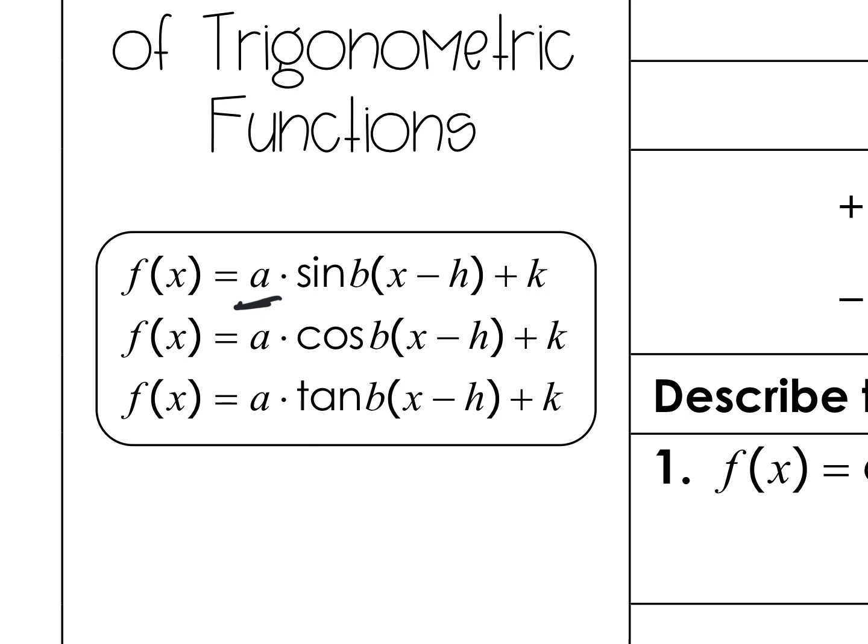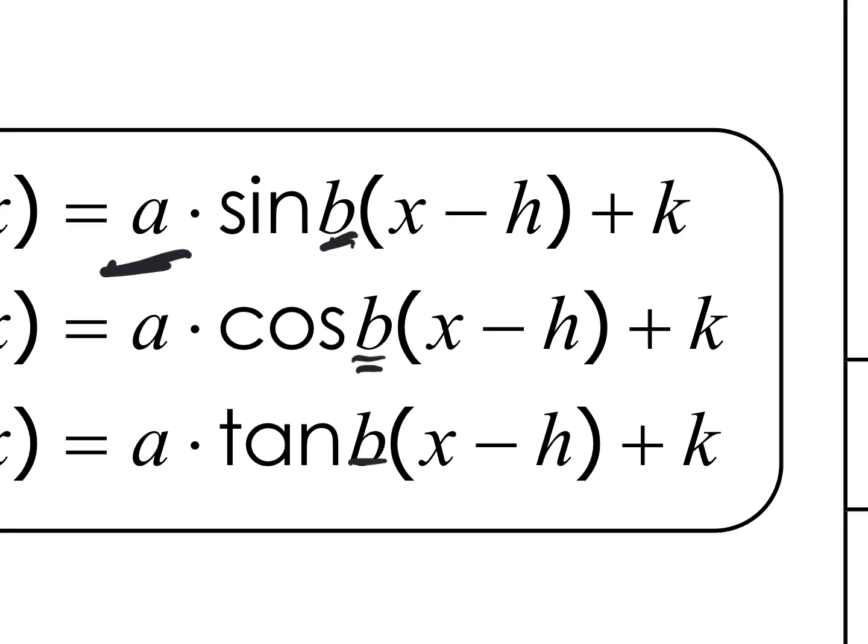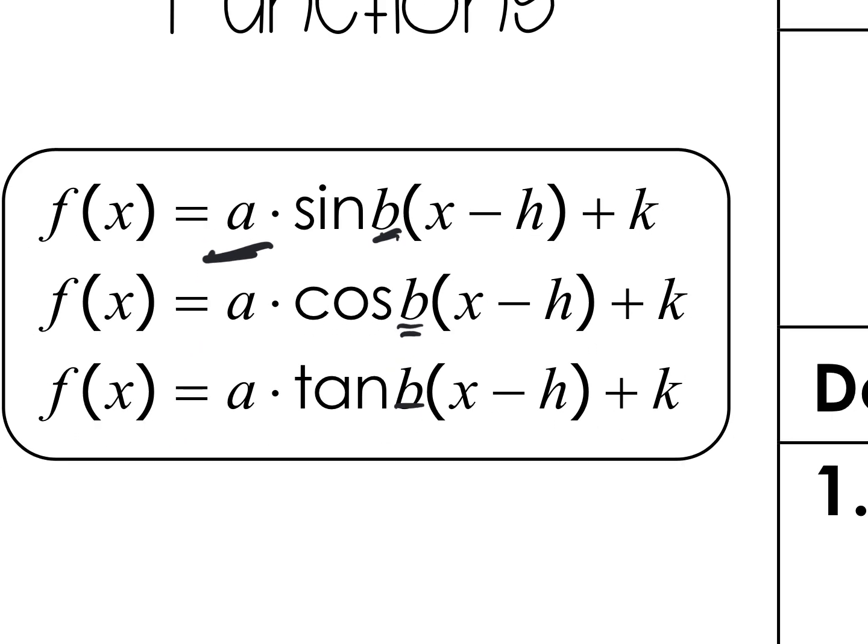We had some really small ones that were low. Then we had some that were really stretched out. Then we had some that were even stretched out more horizontally. That happened from the B. That was your horizontal compression or stretching. So we did those already.